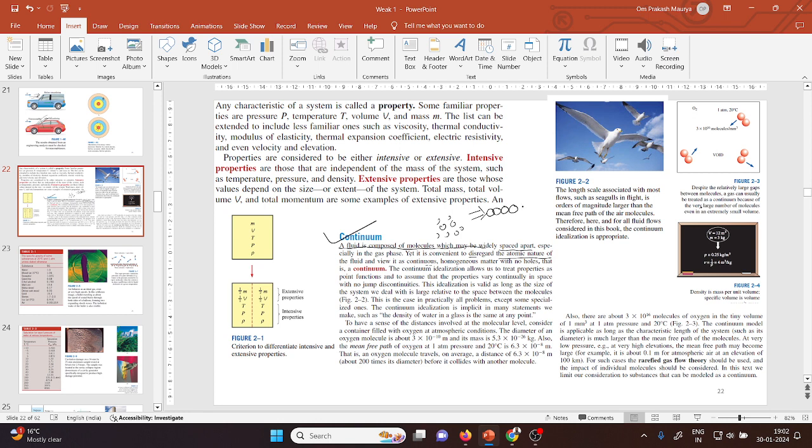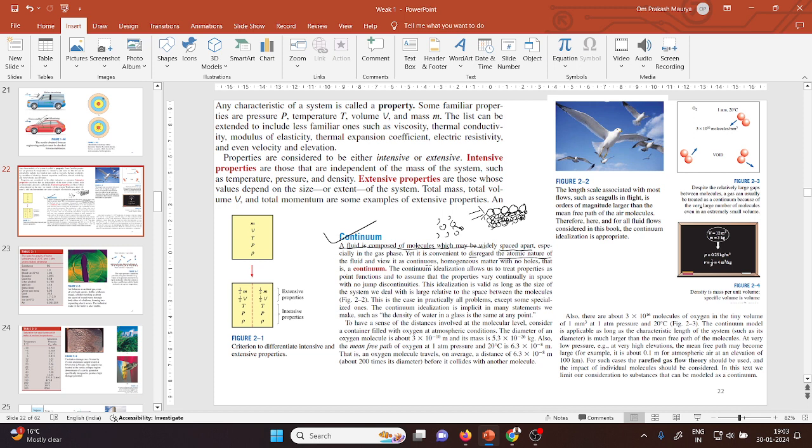Not everywhere, but here you need the continuum things. We assume there are no gaps between the particles. There is no harm in this assumption, because the distance is comparatively very small. So this is the continuum.